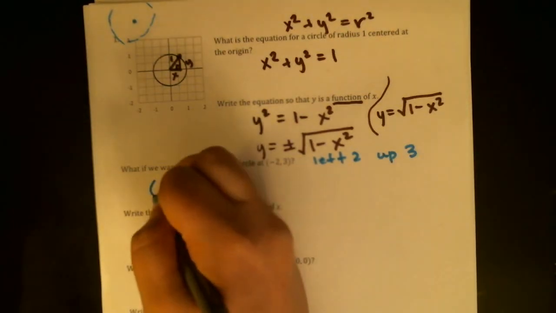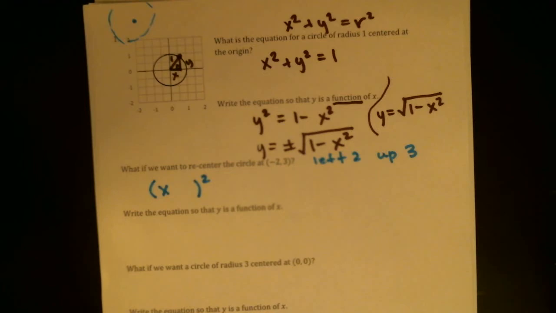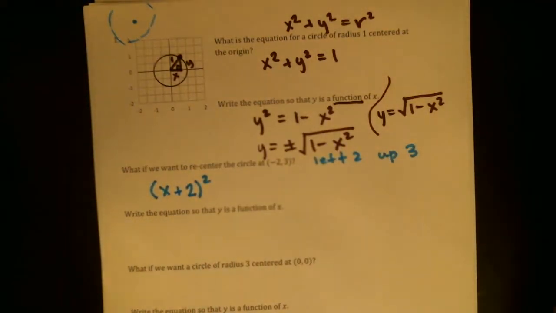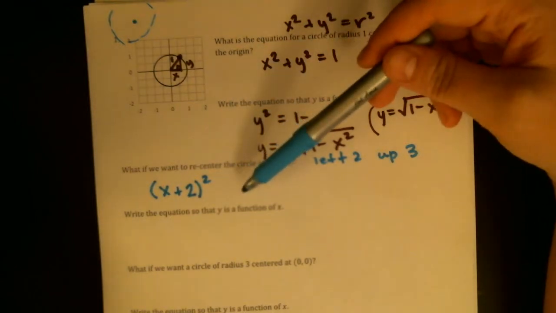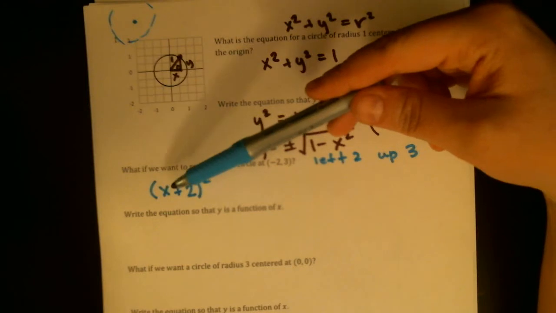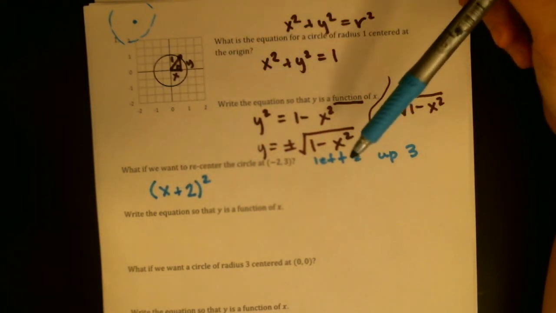So if we want to go left 2, we need to make sure that we shift our x's to make them go left. We actually add 2, right? The idea being if we want to force the y value to stay the same, we would have to plug in something 2 smaller than in this original equation, which is what forces everything left 2.